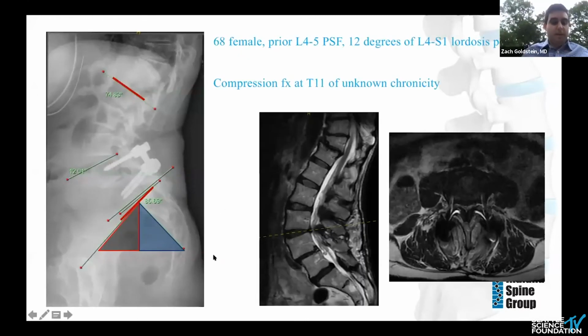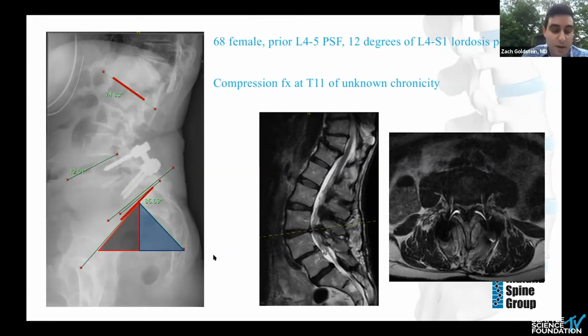Okay. So this is an interesting case. Patient was a 68-year-old female who presented to our clinic with a history of prior L4-5 posterior spinal fusion. She presented with complaints and imaging consistent with adjacent segment stenosis at L3-4, which you can see on the MRI cuts on the right part of the screen. Interestingly, she did have evidence of a T11 compression fracture of unknown chronicity.